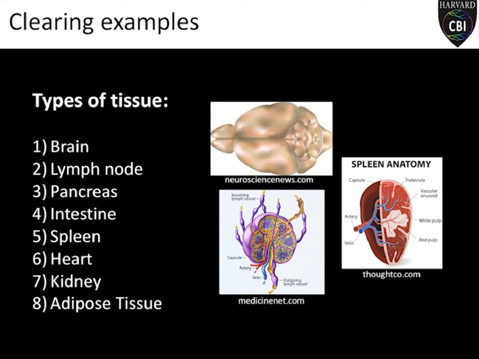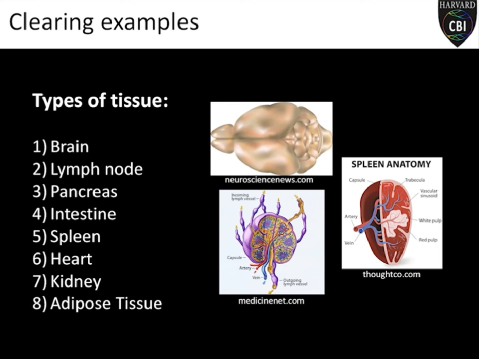So basically, the further you go down this list, the more fat there is, the more lipid there is, and the more pigment or the more absorbing the tissue is. So we've done brains, lymph nodes, pancreas, intestine, spleen, heart, kidney, adipose tissue, all to varying degrees of success. Obviously, the brains, like I said, seem to be the easiest thing to do, so we have no problem doing a really big piece of brain.